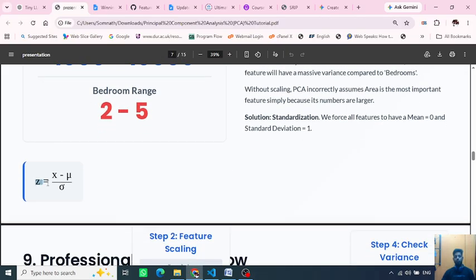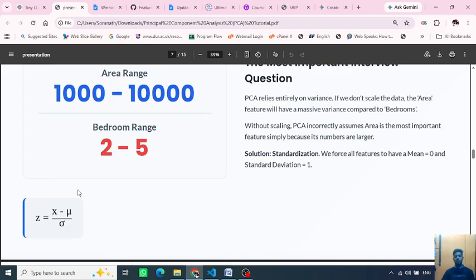This is the formula for finding the z-score standardization. We already discussed it in the previous tutorial, one of the techniques of standardization.